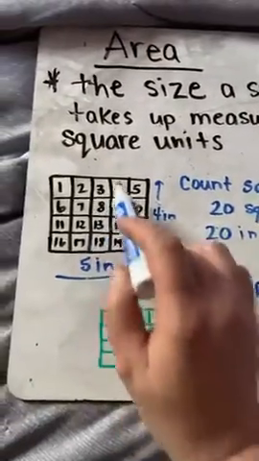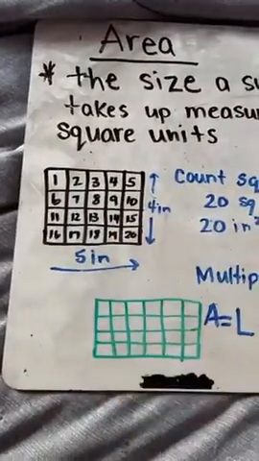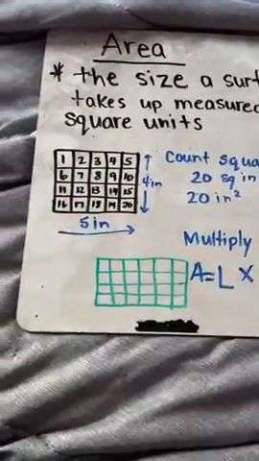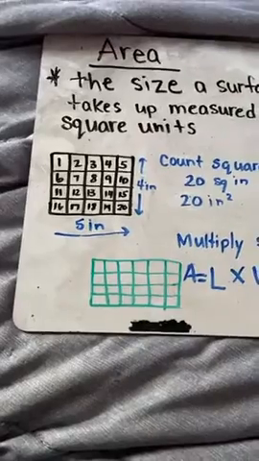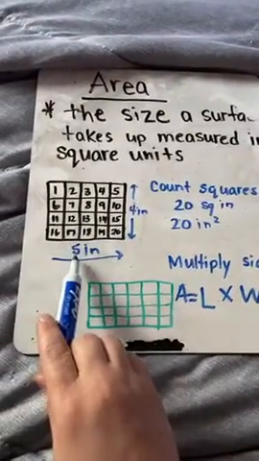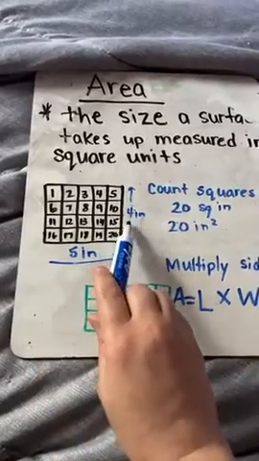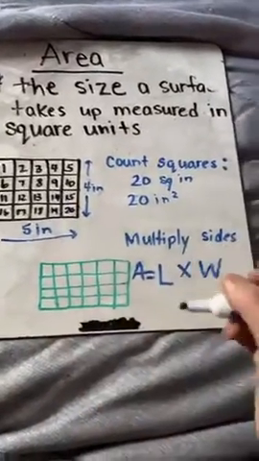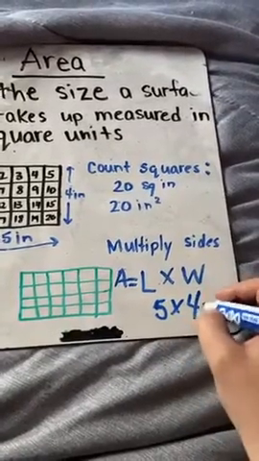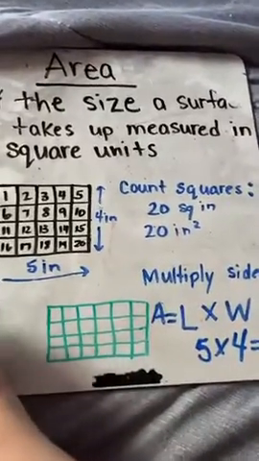Now remember, area is all the way inside. So if I wanted to find the area of my box, I would take my length times my width. So I would take this number times this number. So in this box, I would take my 5 times 4 to figure out how much is inside.